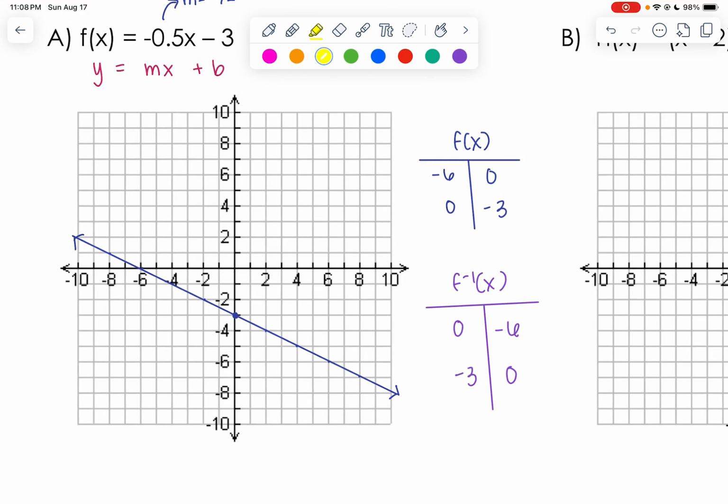Remember that on a graph, f of x and the inverse should be reflections over your linear parent function. So you can kind of use this to guide you. What's over here should flip over here, and what's over here should flip over here. So if my intercepts are at 0, -6 and -3, 0, if you remember from geometry, all you need is 2 points really to make a line.